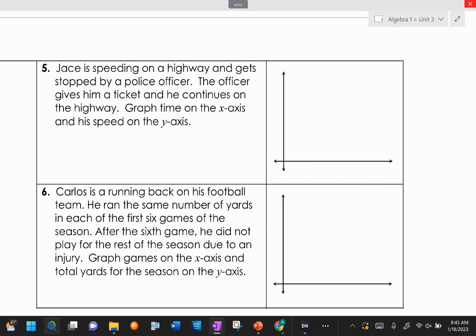I would like for you to do 5, 6, 7, and 8. He's going really fast, right? And then he stops. And then he's like, oh, here's your ticket, license and registration, please.